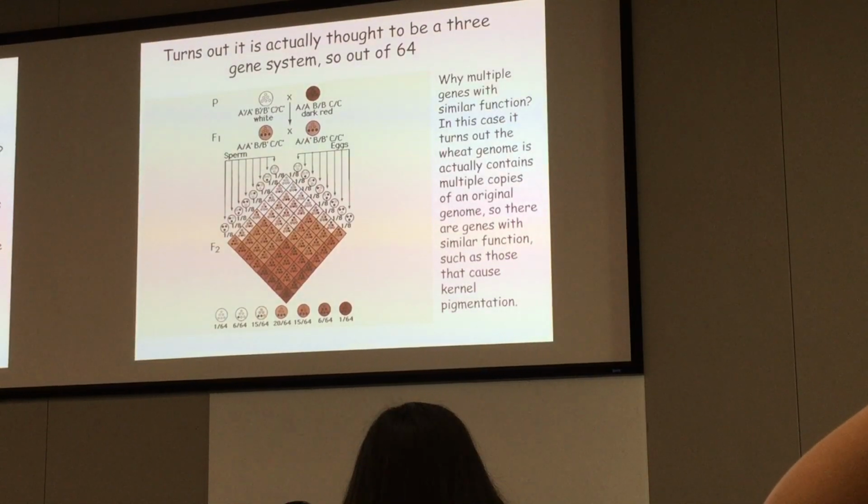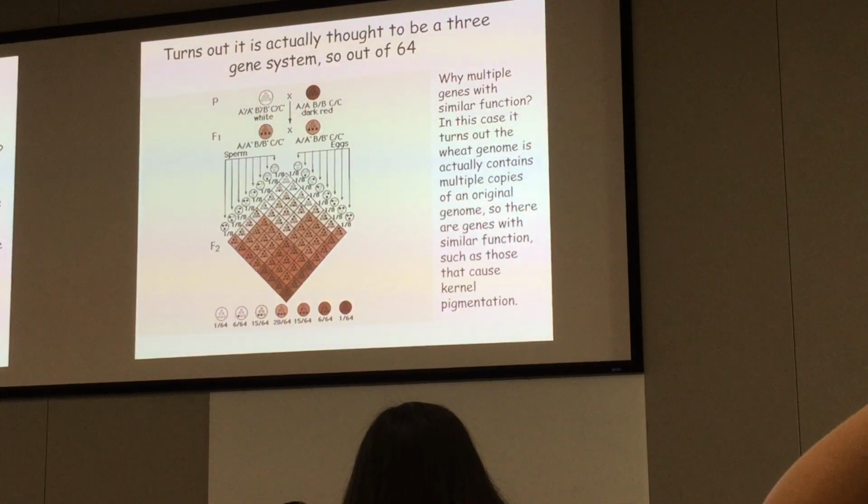So you have duplication of the wheat genome once or twice, resulting in a genome that has lots of duplicated genes. So here's an example where you have, let's say, 3 genes that all came from some original primordial genome that had 1 coloration, but if you duplicate it, now you get 2 coloration genes.